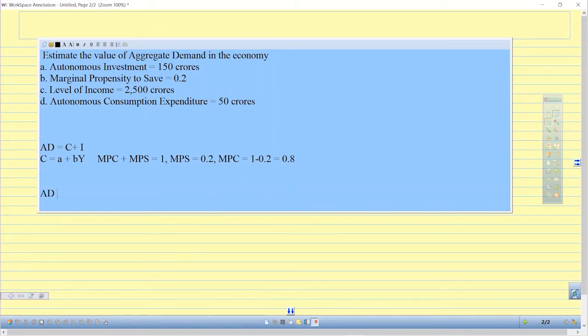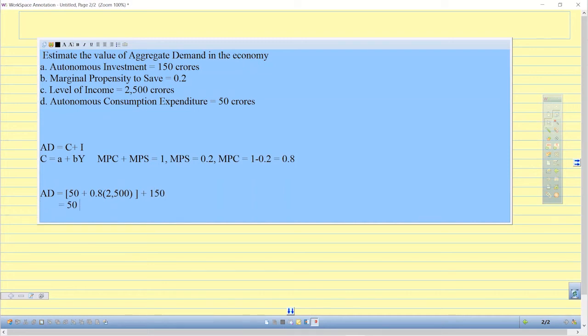So aggregate demand is equal to, instead of C, we are going to write the equation. Autonomous consumption is 50 plus value of B is 0.8 and income is 2500 crores. This we put in the square bracket, which is the term for consumption expenditure. Plus investment expenditure, autonomous investment, is 150 crores.